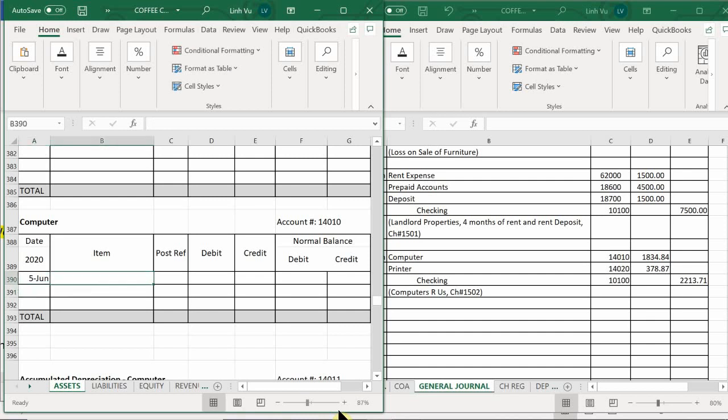Now, you have an option here. We purchased the computer, pretty straightforward because I'm going to be debiting my computer. I don't necessarily have to write in here that I bought a computer. But what I can do is, how much did the computer cost me? Well, it cost me 1,695. Where's my dollar sign?